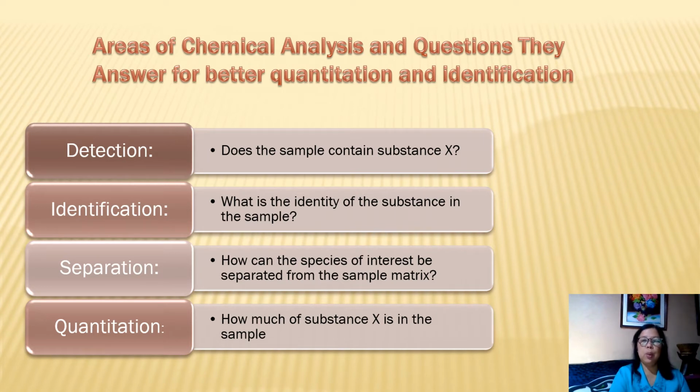And then the last one is how much. Because there are some instances that a poison might be present, but the quantity is not enough to kill the victim.